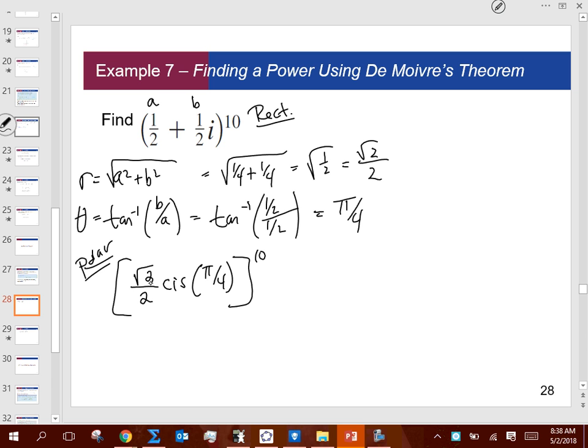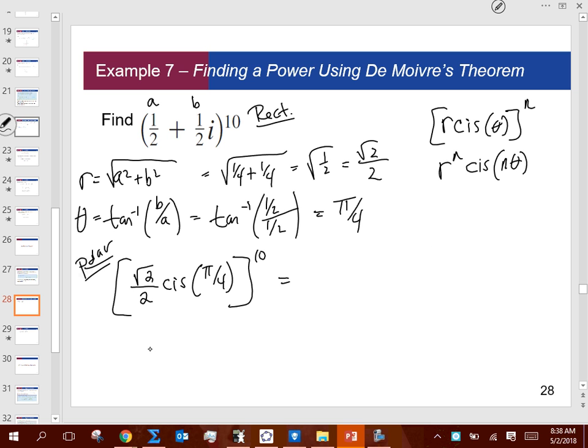Now the benefit of that is I should be able to use de Moivre's theorem, which says if I have r cis theta and I want to raise that to the nth power, it turns into r to the nth cis n theta.